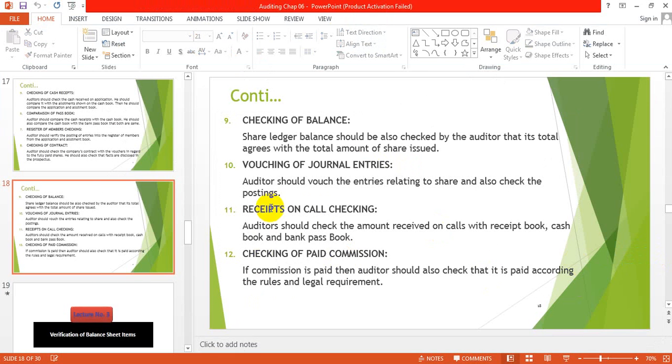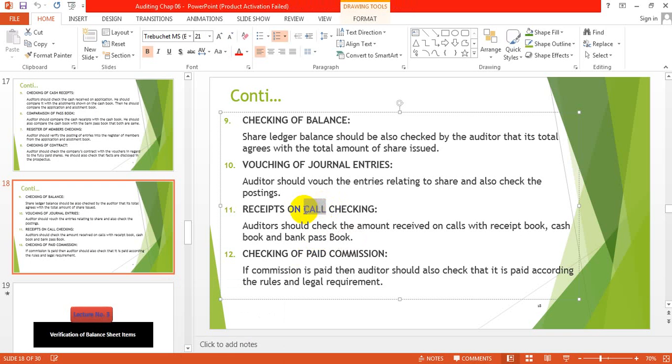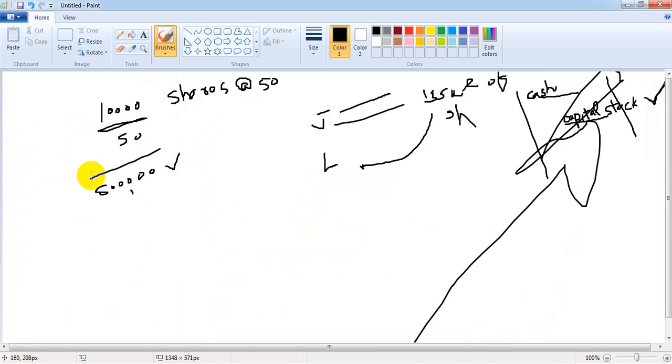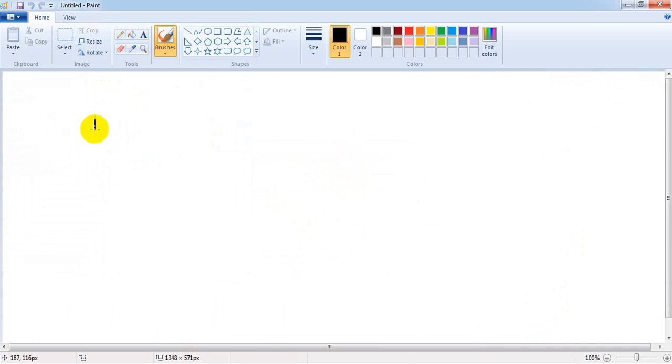Receipt on call checking. Auditors should check the amount received on calls with the receipt book, cash book, and bank passbook. Now, first of all, what is a call? Suppose the company issued 10,000 shares.